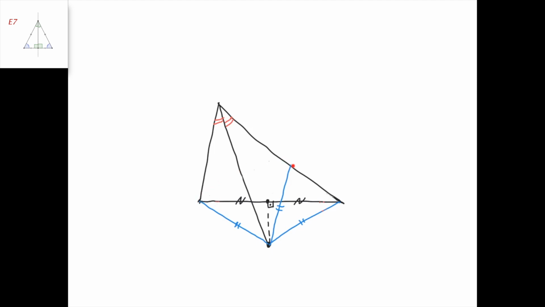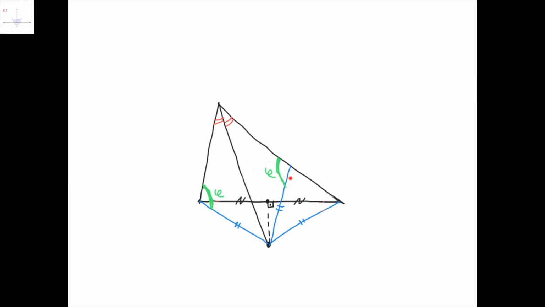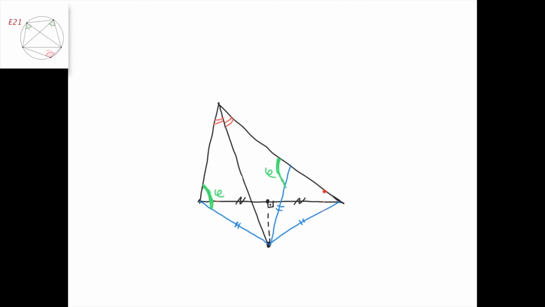This point goes here, and now we know that these 2 triangles are congruent. So if this angle here is phi, then this angle here must be phi. But then this angle here is 180 minus phi. And therefore this angle here, because of the isosceles triangle, must also be 180 minus phi. And so we get that the sum of this angle and this angle is 180 degrees. And therefore this quadrilateral is cyclic.